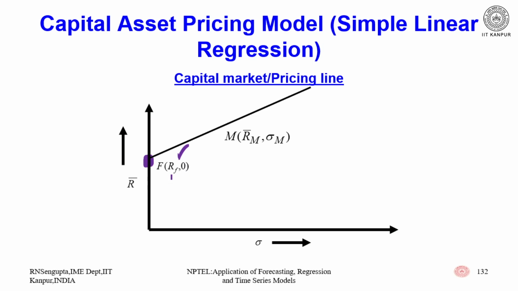So, RF means the value of return which is the risk free interest rate, and any point which you have would be based on the tan of that angle. Tan of the angle would be given by the slope.